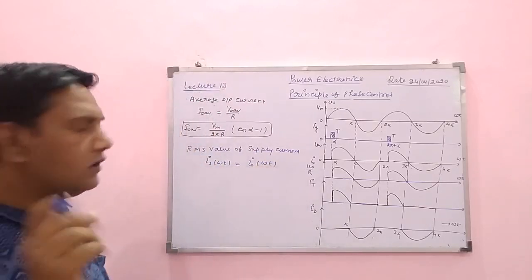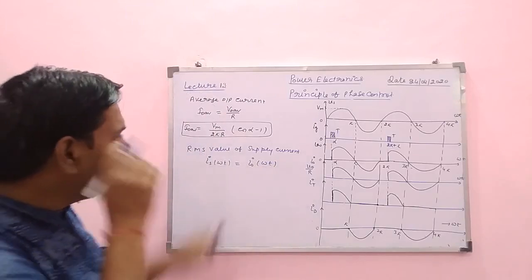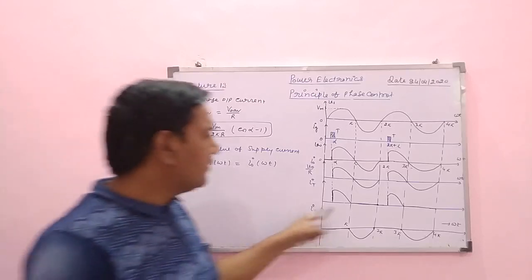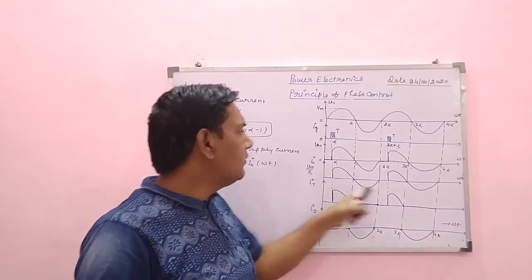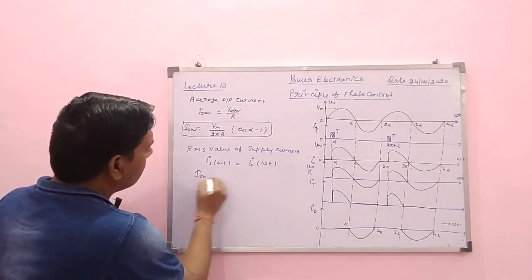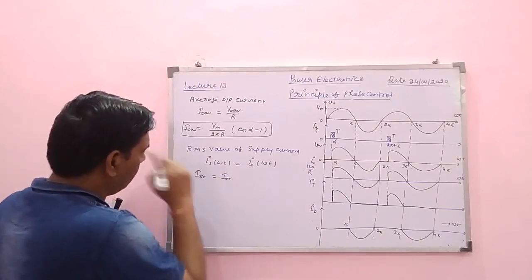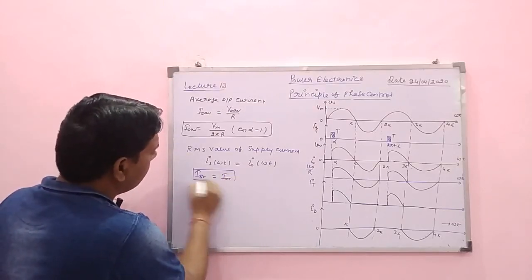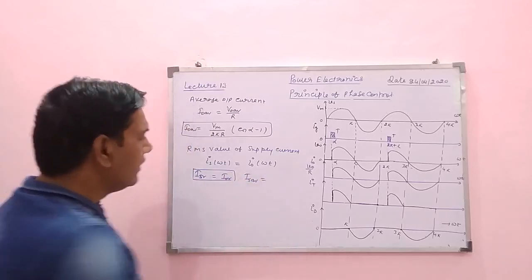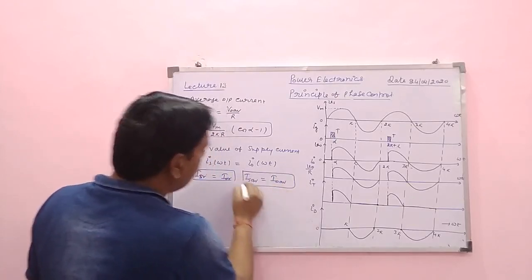During the positive half cycle Is is equal to I naught, and similarly during the negative half cycle the supply current is equal to I naught. We don't draw the supply current here because it is similar to the output current. So the RMS supply current is equal to the RMS value of output current, Is R is equal to I naught R, and similarly Is average is equal to I naught average, the average value of output current.